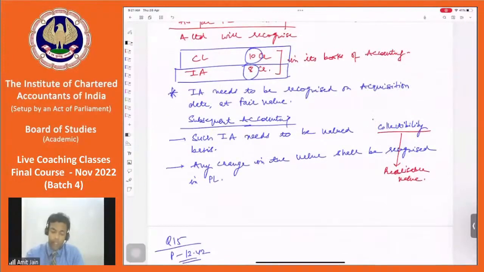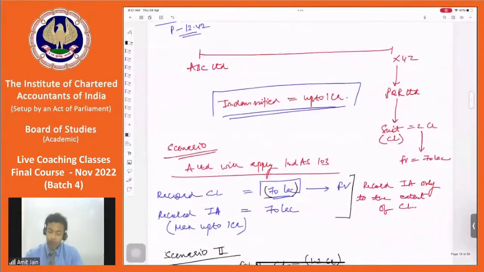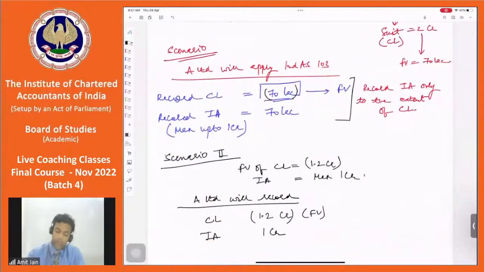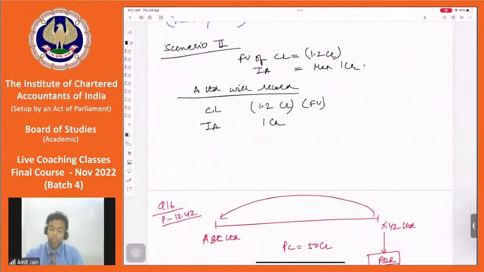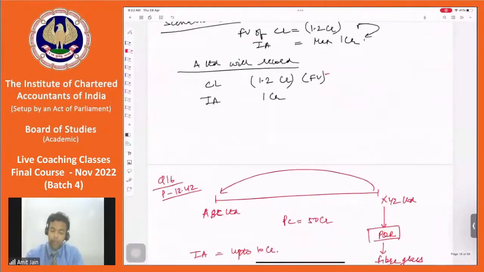On the collective basis, that is, on the realization basis. This is the example which we have taken. In scenario one, indemnification asset is more than the contingent liability, so we will restrict it to the extent of the contingent liability. In the second scenario, contingent liability is more as compared to indemnification asset, so we will record the full indemnification asset in this case.